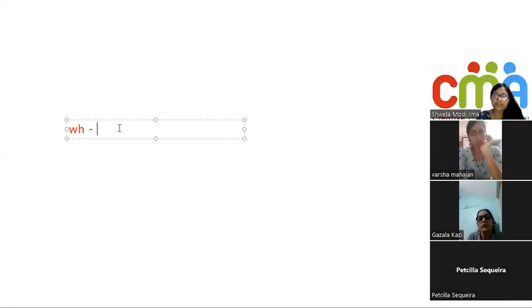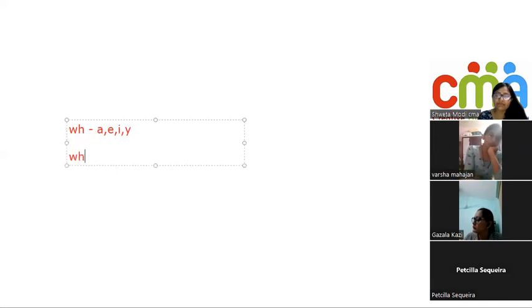But this is the case when you have WH followed by A, E, I, Y. But when you have WH followed by O, then W is silent and H speaks.